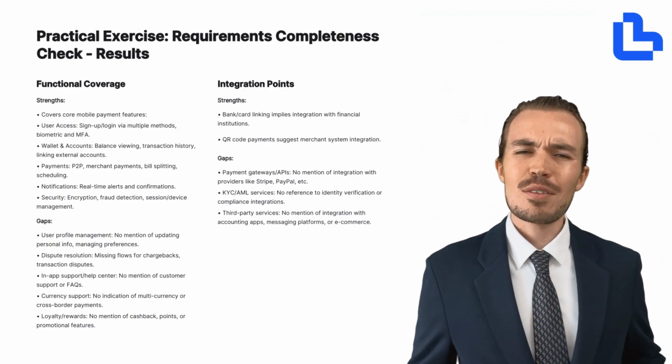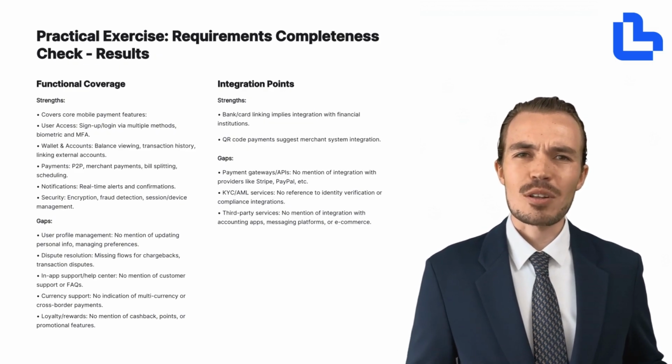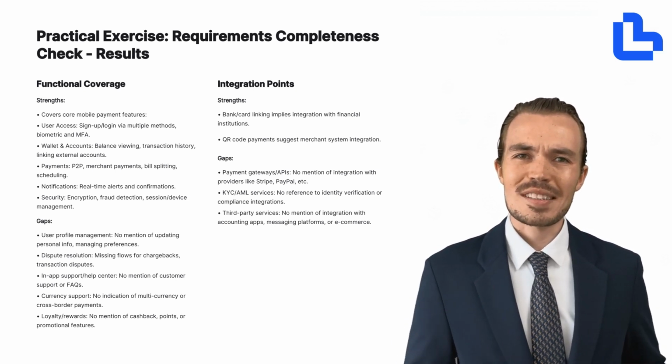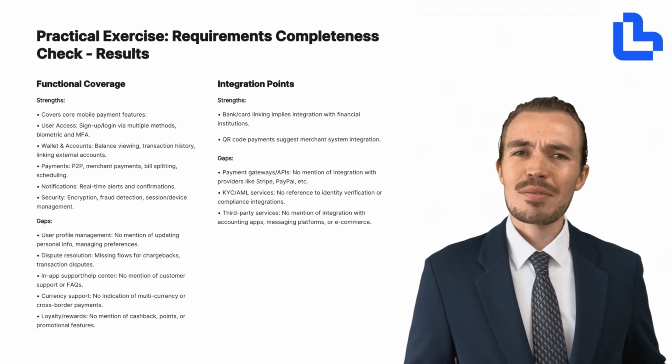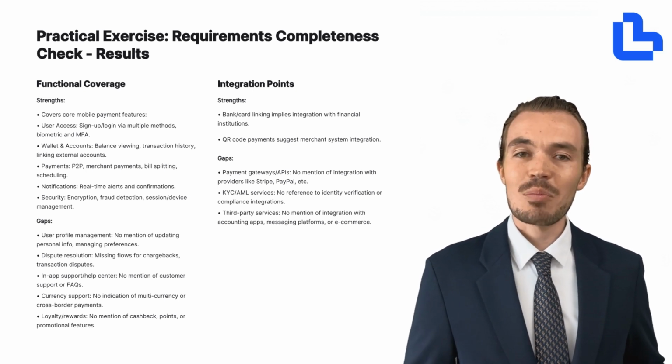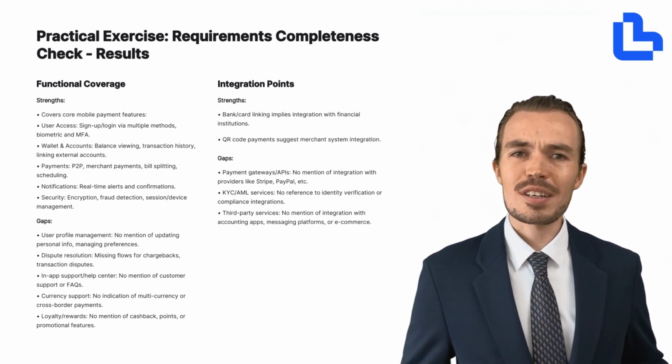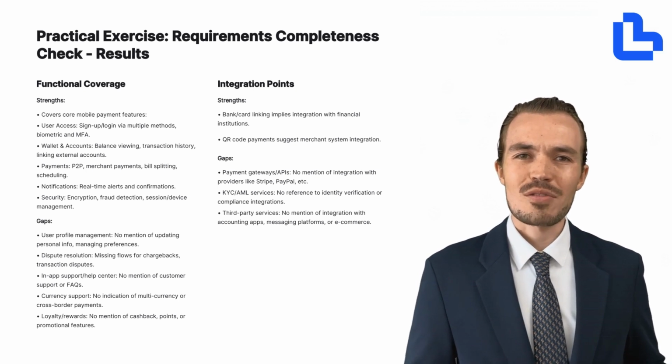The key strengths of the functional coverage are that it covers the core mobile payment features like user access, wallet and accounts, payments, notifications, and security. However, there are some gaps, such as missing user profile management, dispute resolution flows, in-app support, multi-currency support, and loyalty/rewards features.